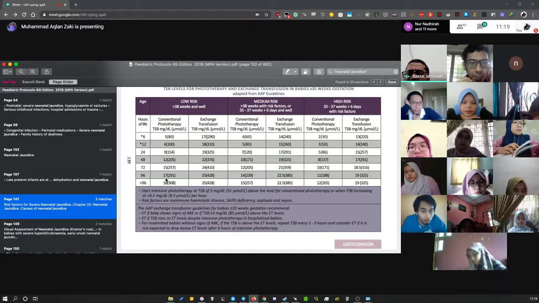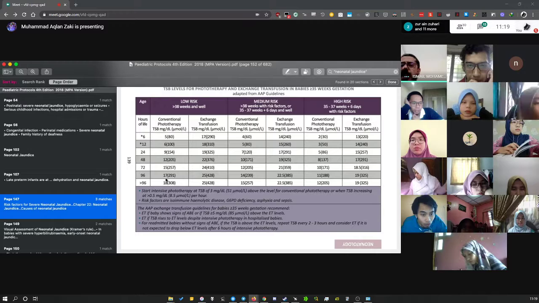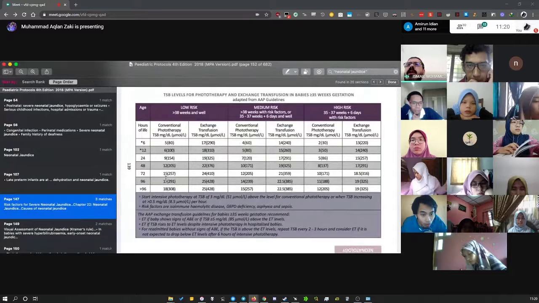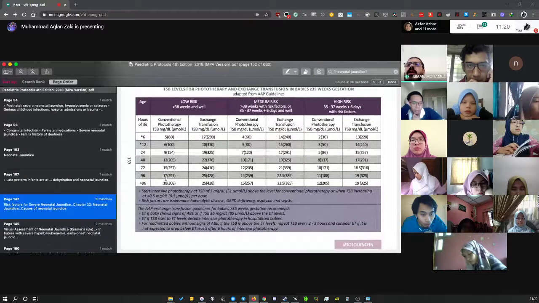In fact, to be 100% accurate, you don't use this table. To be 100% accurate, use the graph. For the graph, you will find at every hour of age a certain level. You will see the x-axis for the age and the y-axis for the bilirubin level.